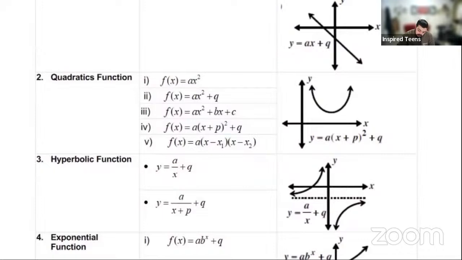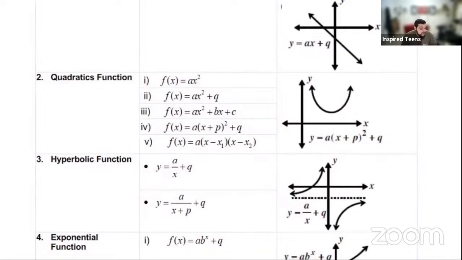Okay, and we have quadratic functions. So here are the different types of examples and the different forms you can get it in. If you remember, I was telling you, you don't have to have b in every one or c in every one. Main thing is you have your x squared term. So you can have f of x is equal to ax squared, f of x is equal to ax squared plus q, f of x is equal to ax squared plus bx plus c.